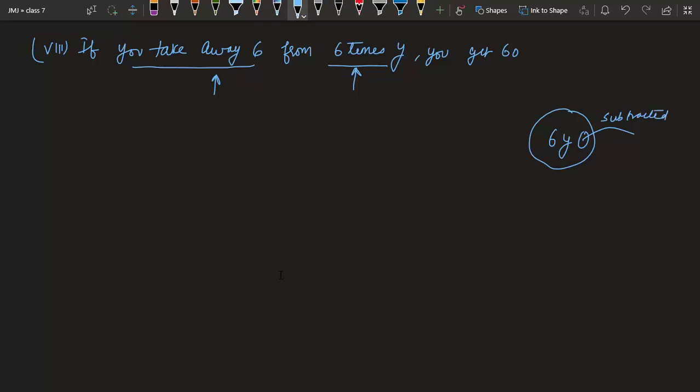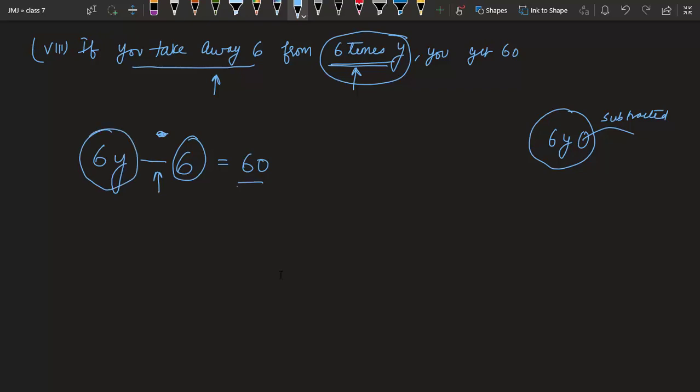First of all, before the minus sign we have 6 times y. So 6 times y means 6y minus 6 is equal to 60. Again I am repeating, if you take away 6 from 6 times y, you get 60.